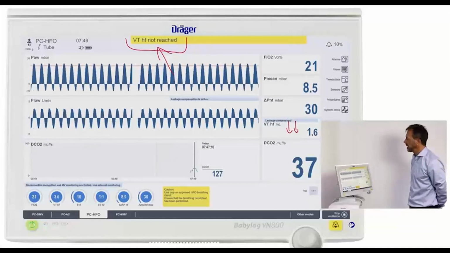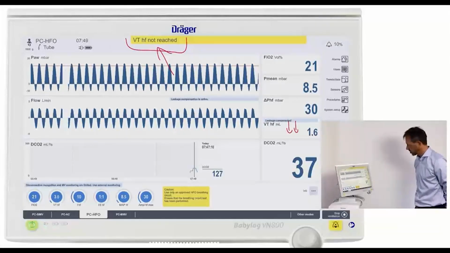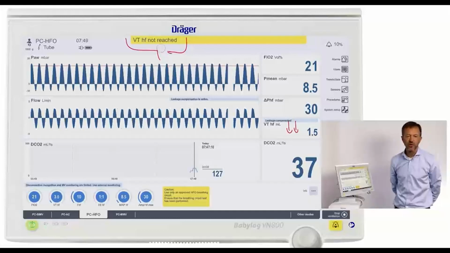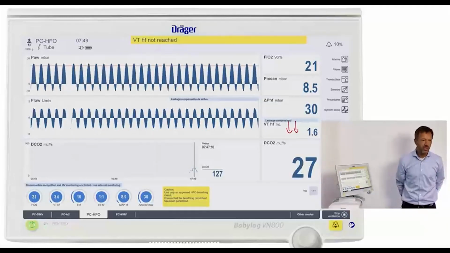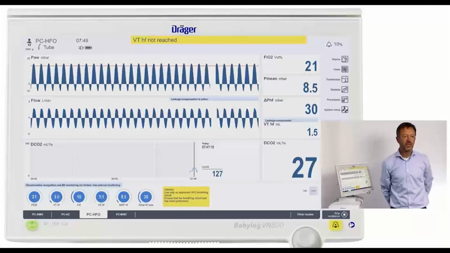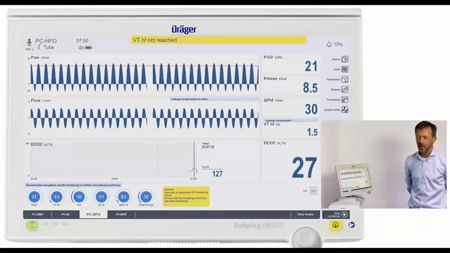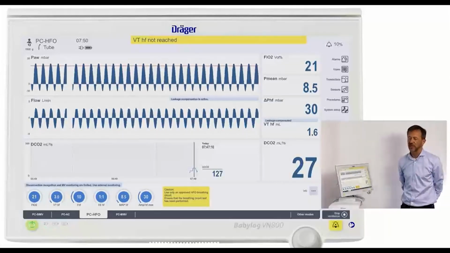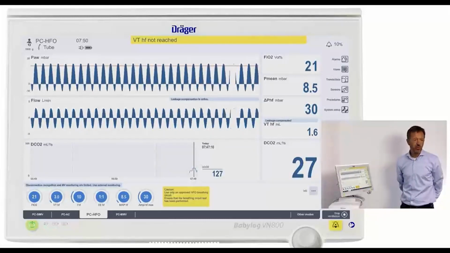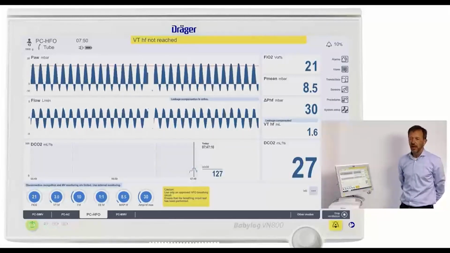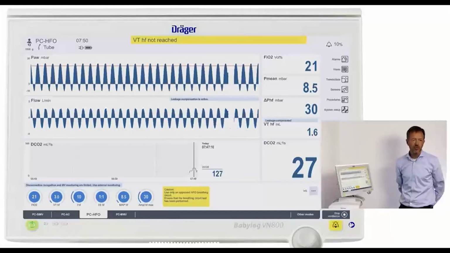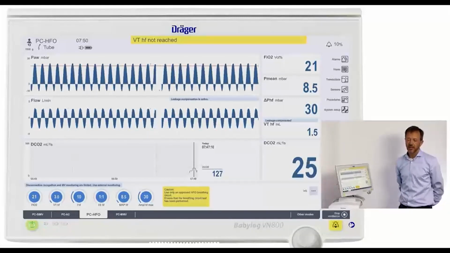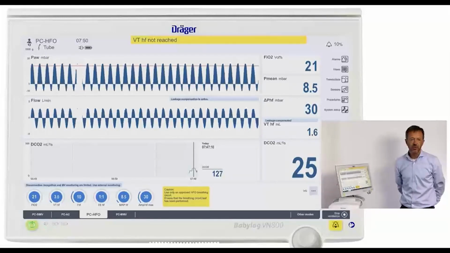It says VTHF not reached. So now it's up to you to look at the patient and find out what caused this increase in amplitude to 30. In this case, possibly you would suction the patient and thereby reduce the resistance again, and then the ventilator would be able to reach the target.